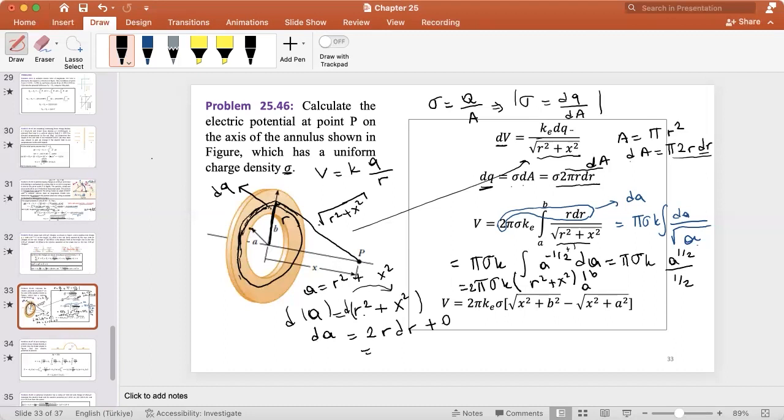Because it is asking for the potential of this material. This material starts from here to here. So I have to span from here to here.